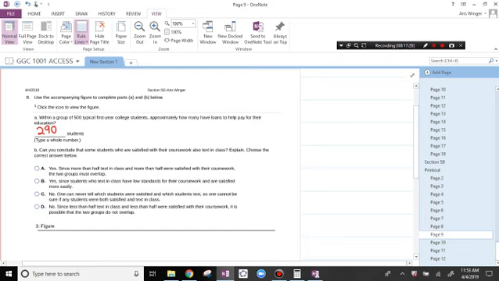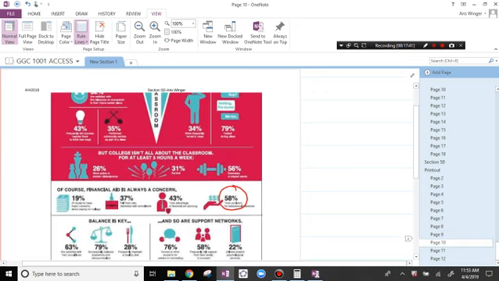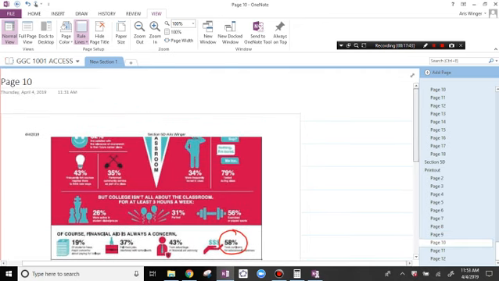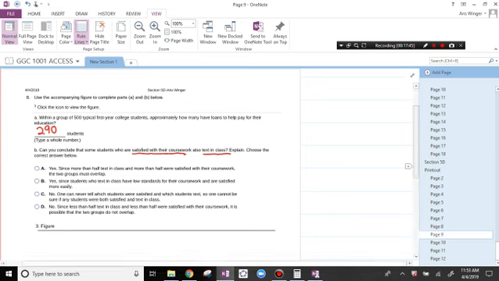Can you conclude that some students who are satisfied with their coursework also texted in class? Okay, satisfied with their coursework, text in class. Who was satisfied with their coursework? Let's see here. I think we saw that earlier.